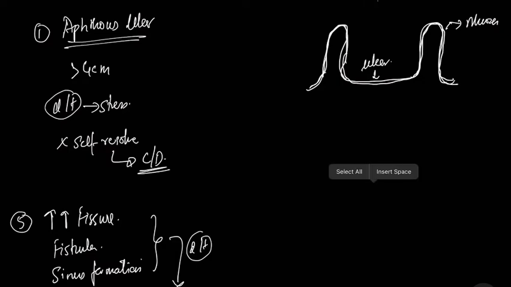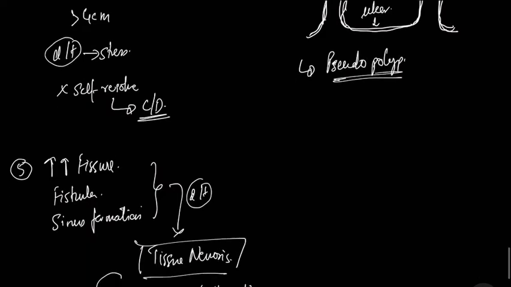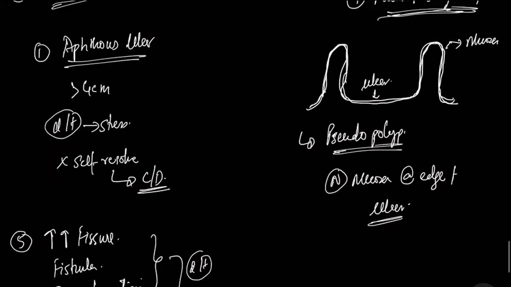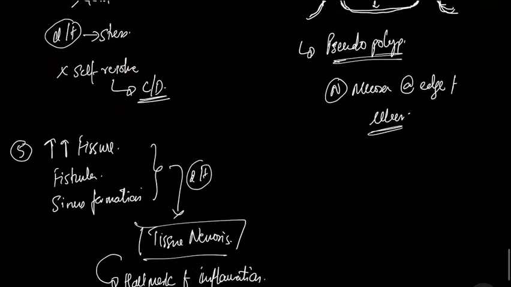That's why it is known as pseudo polyp, fake polyp basically. The pseudo polyp is nothing but a normal mucosa at the edge of the ulcer. So that's something you see.